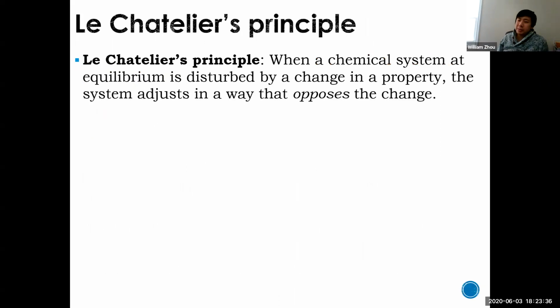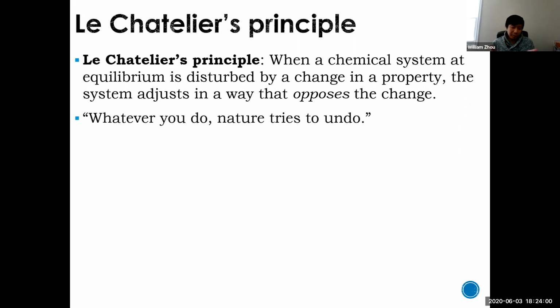So Le Chatelier's principle, in the long version, is when a chemical system at equilibrium is disturbed by a change in a property, then the system will adjust in a way to oppose the change. And when you change something, the system will change it right back.